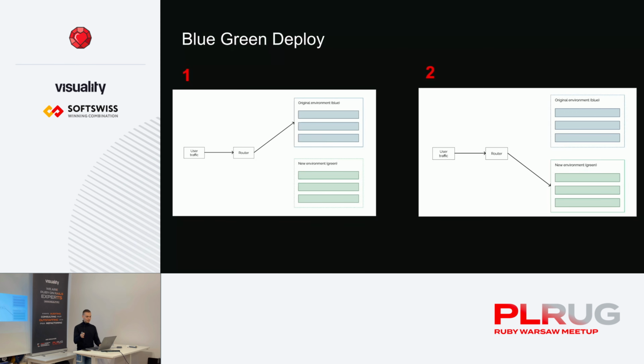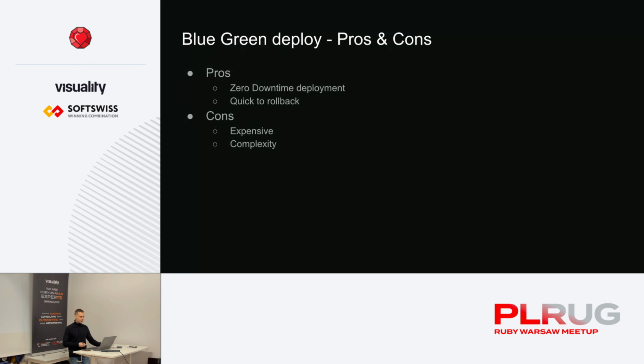So even though all the user traffic is going to the blue deployment, you would still create a green one. And then when you're ready, you would flip a switch and all of the traffic would go to the green environment.